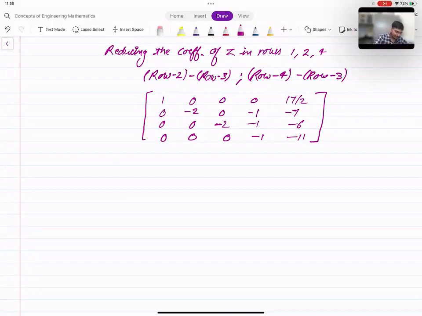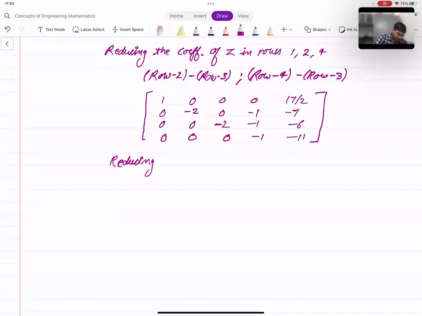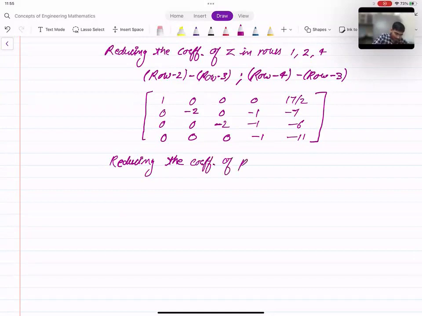So we are now reducing the coefficients of p in rows 1, 2, and 3. And for this, if we see, the coefficient of p is already 0 in row 1. So we only need to reduce it in row 2 and row 3.